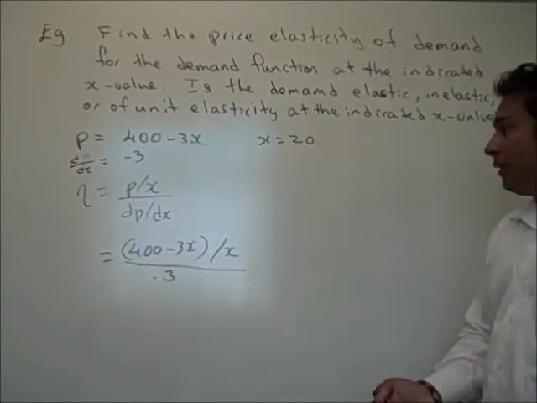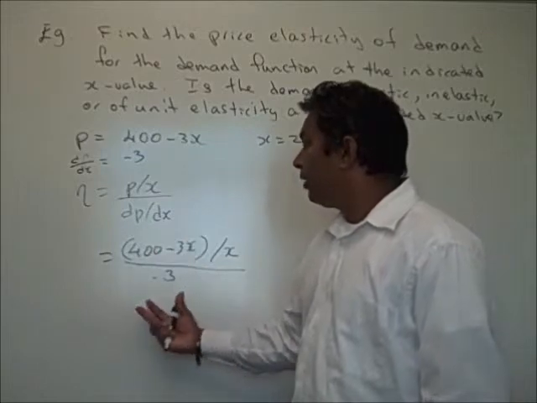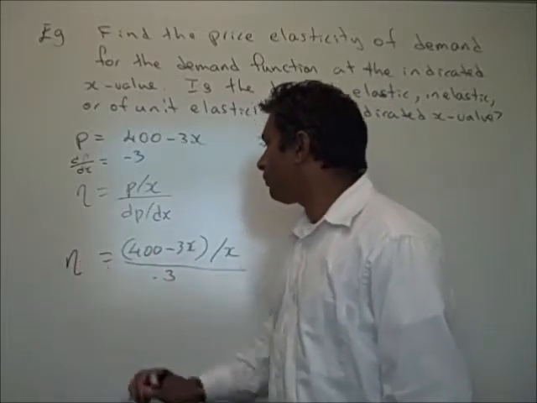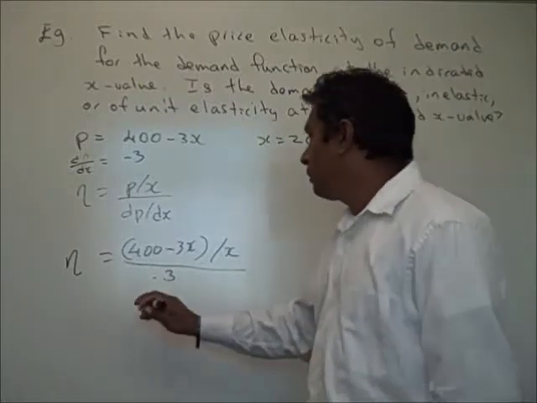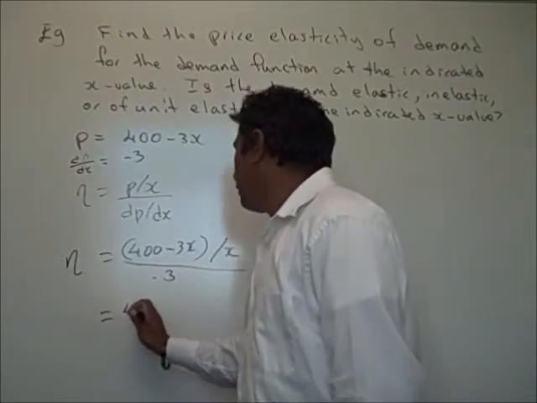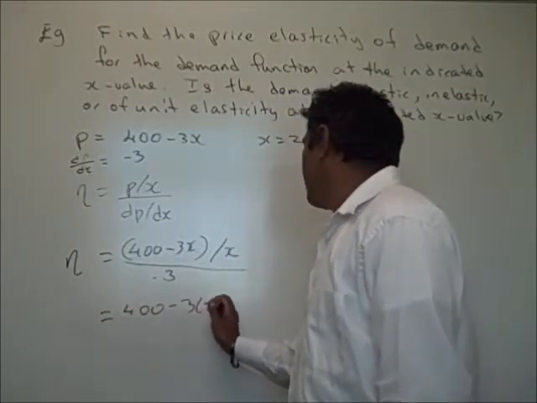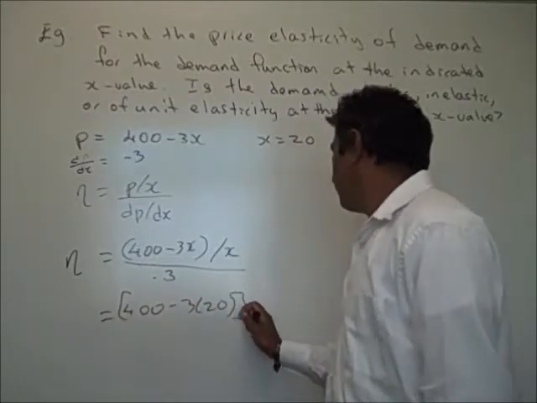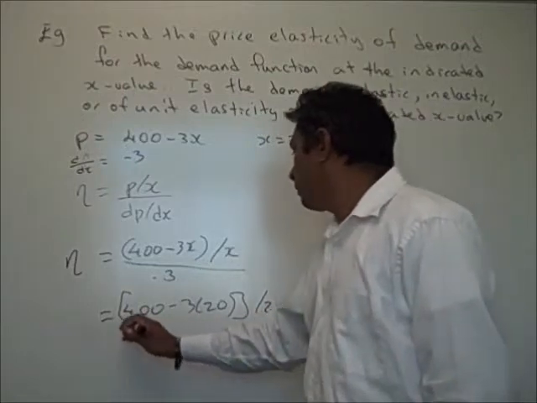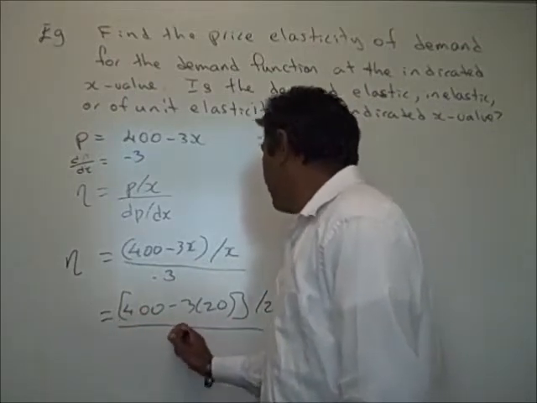So here is our equation for eta. Now at this indicated value, x is equal to 20, we have 400 minus 3 times 20 divided by 20 all over -3.